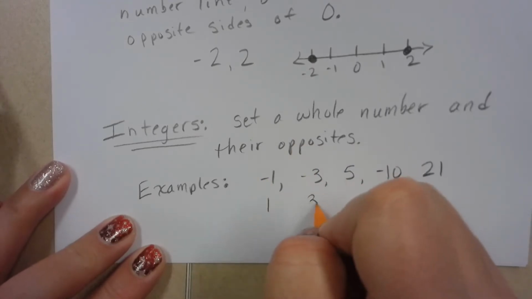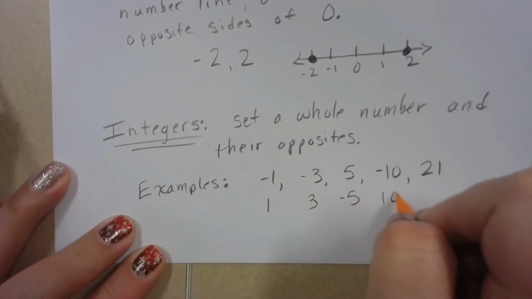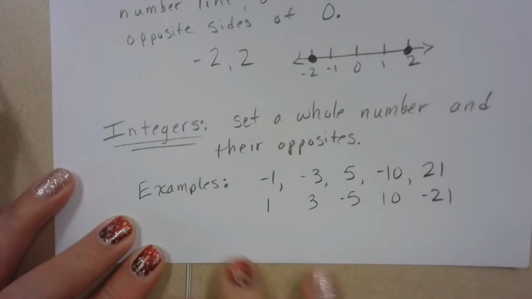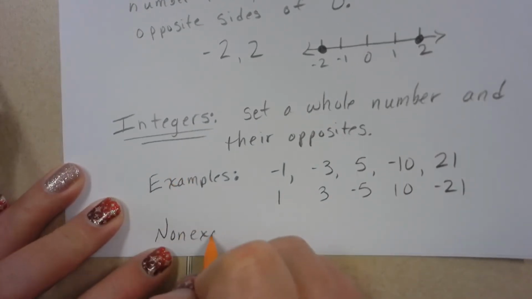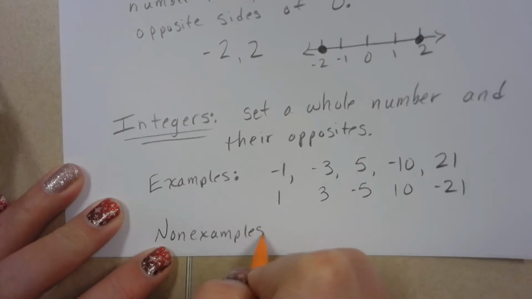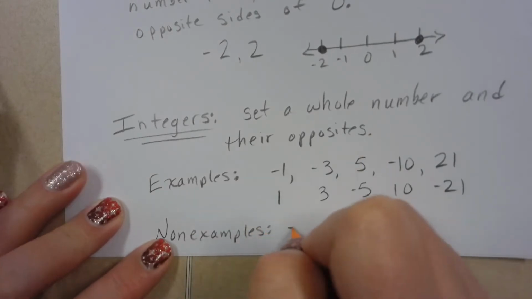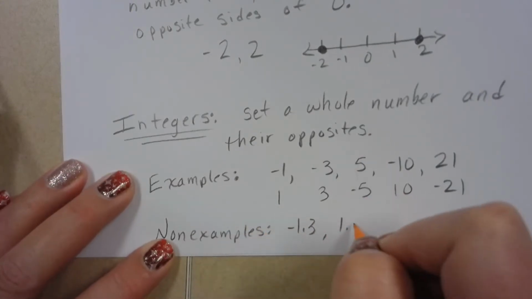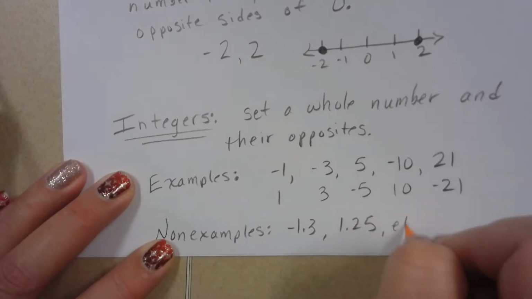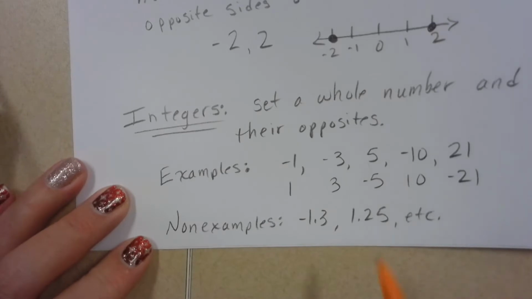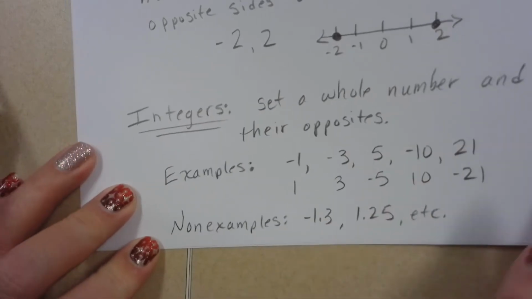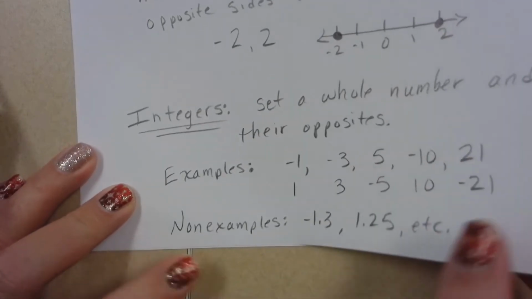And 1, 3, -5, 10, -21. Non-examples of integers: -1.3, 1.25, etc. Decimals are not integers. Integers are only whole numbers and their opposites.